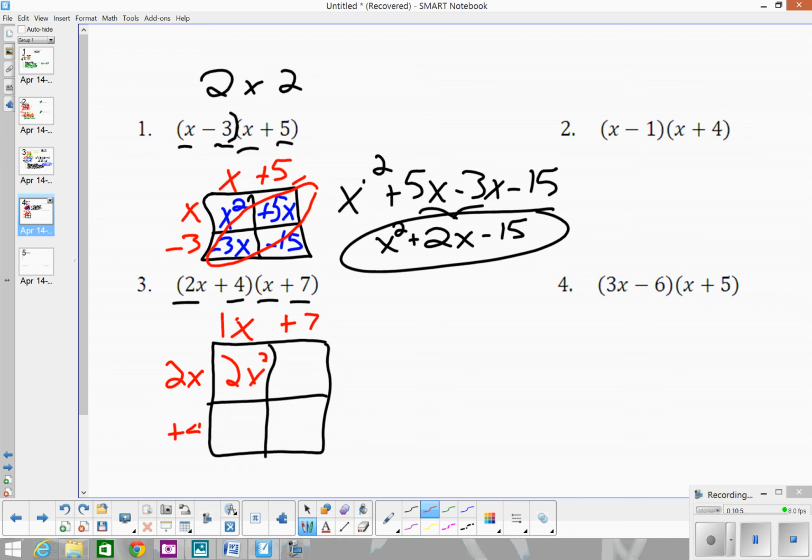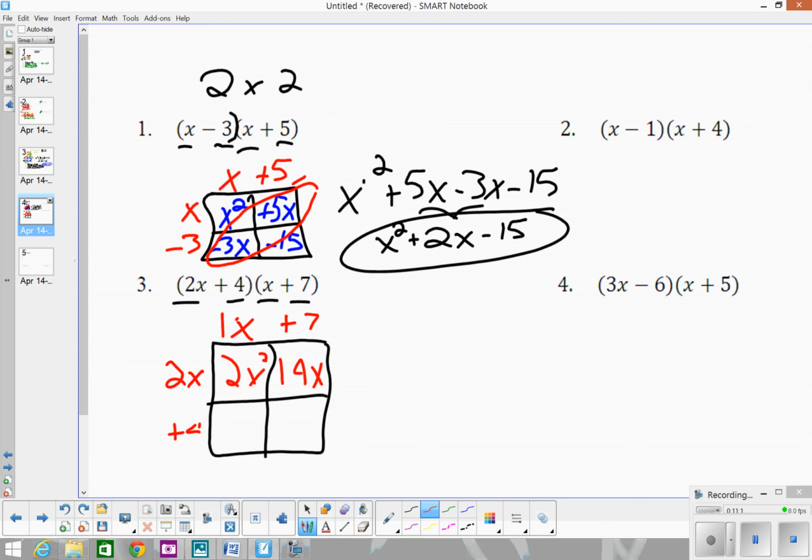So 2x times positive 7 is going to be 14x. Good.